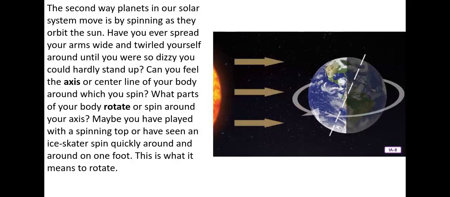The second way planets in our solar system move is by spinning as they orbit the sun. Have you ever spread your arms wide and twirled yourself around until you were so dizzy you could hardly stand up? Can you feel the axis or center line of your body around which you spin? What parts of your body rotate or spin around your axis?